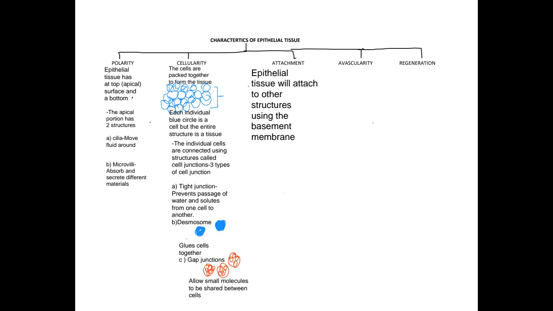Okay, so the basement membrane is at the bottom. Now, epithelial tissue, I need you to note this, put this somewhere in your notes. This is the only type of tissue out of the 4 types of tissue that has a basement membrane. So no other tissue will have a basement membrane.